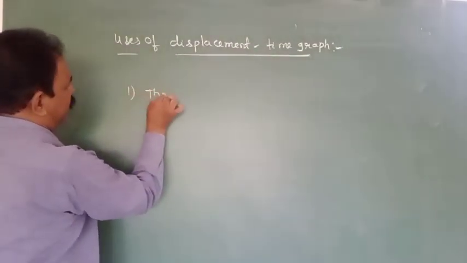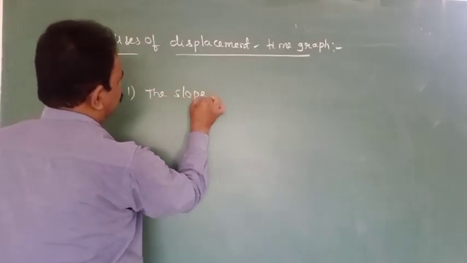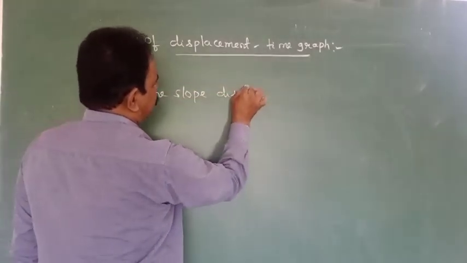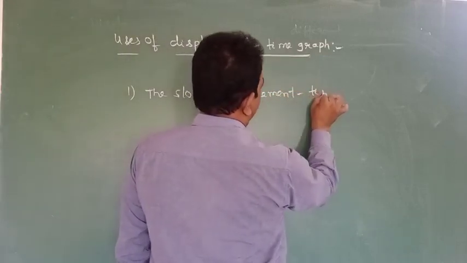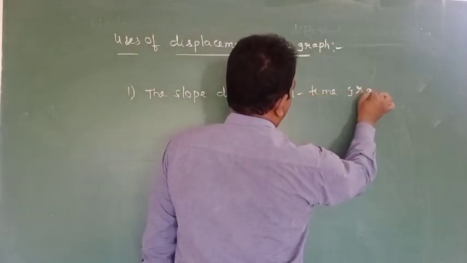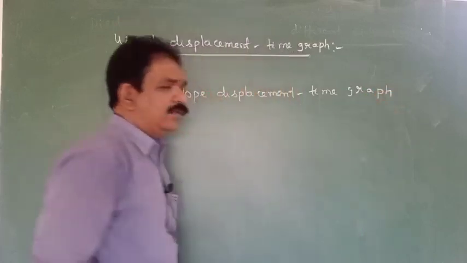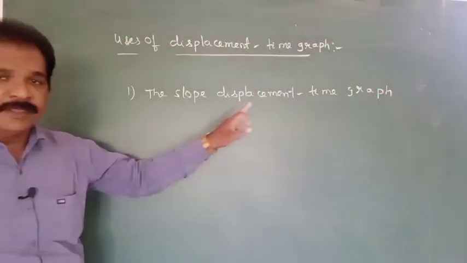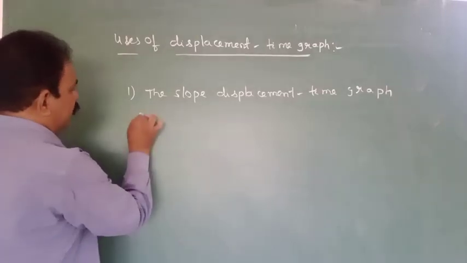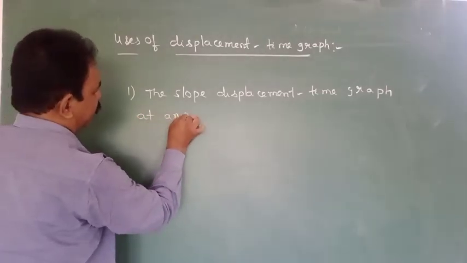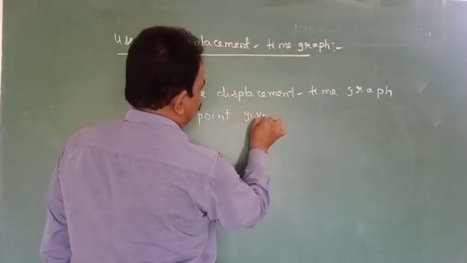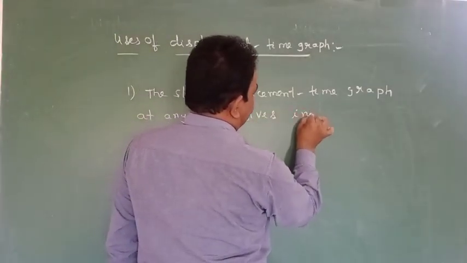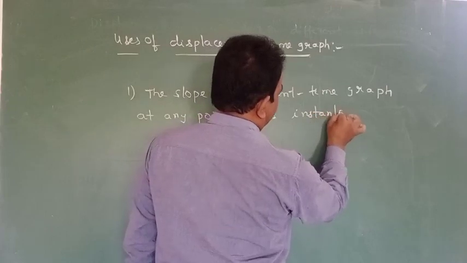The slope of the displacement time graph at any point gives the instantaneous velocity.